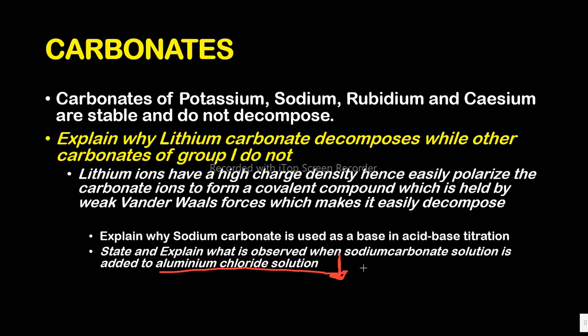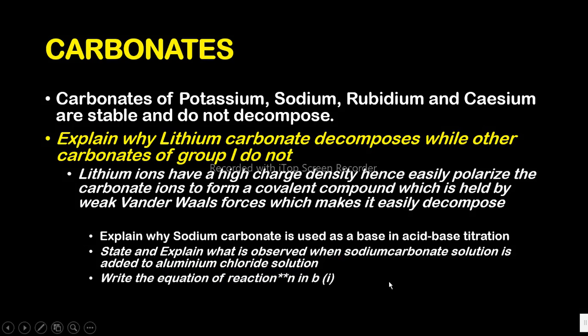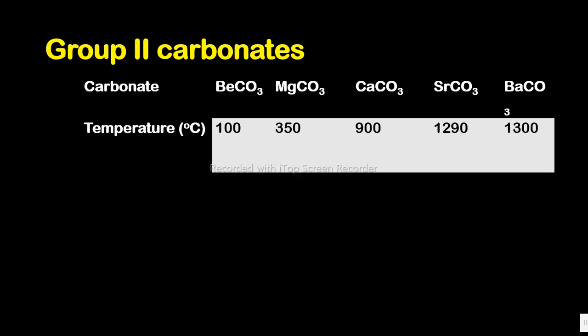I think it is the next question. And then we shall talk about it some other time when we are talking about the group 3 elements. Okay? Write the equation of reaction in this. We want this equation. Still, we shall find it down.